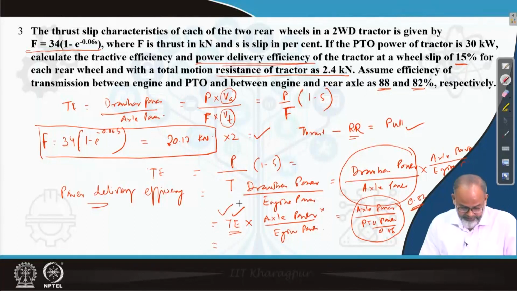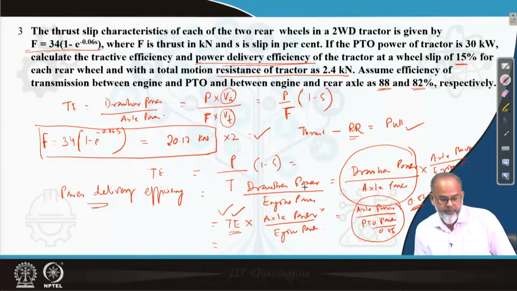Let me explain this one again. Power delivery efficiency is nothing but drawbar power by engine power, and drawbar power I have divided by axle power and then multiplied with axle power so that the ratio remains the same.